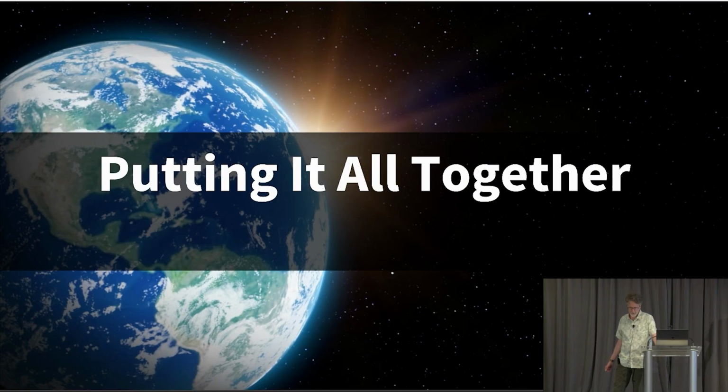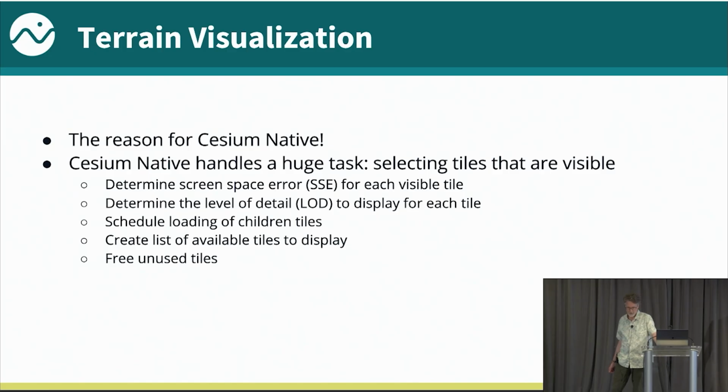So putting it all together in a real application, how would you do that? It's the whole reason Cesium Native exists, and Cesium Native does really the hardest part of that, which is figuring out what tiles might be visible in your scene and taking it from there.